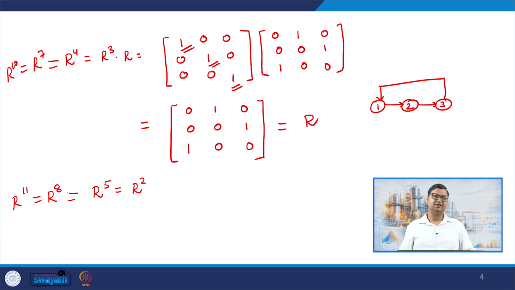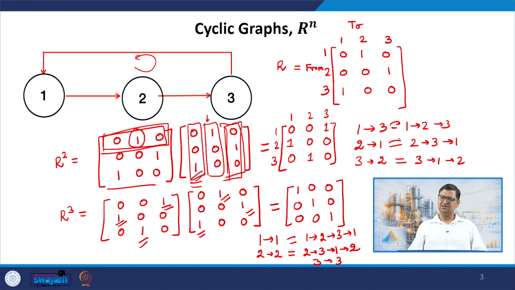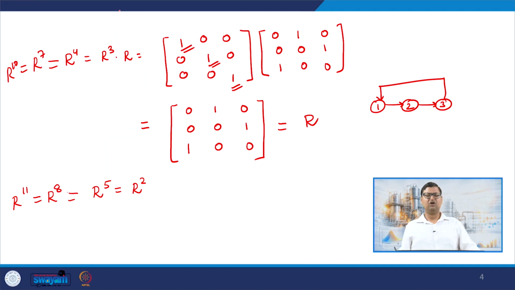So there are two things here. One, that there is a repetition with some alternate powers of R. In this case, after 3 powers of R, there is an alteration because we have a loop formed by the 3 vertices, which is also called a cyclical net of order 3. So we have formed a cyclical net of order 3. So there is a repetition after 3 powers, right?